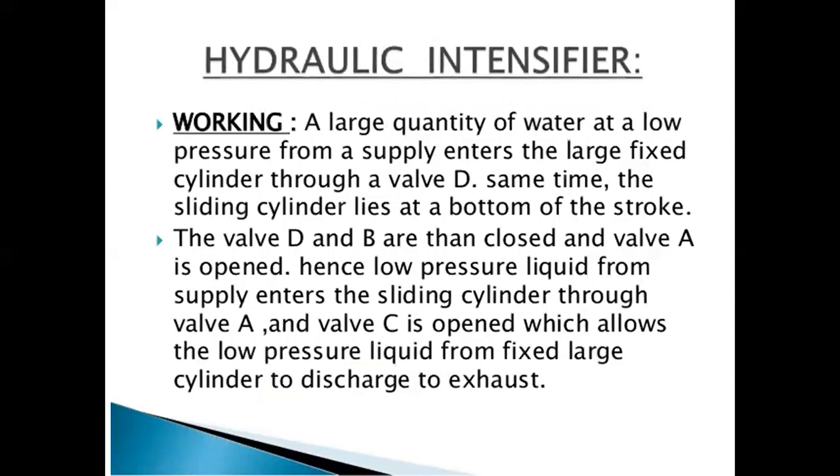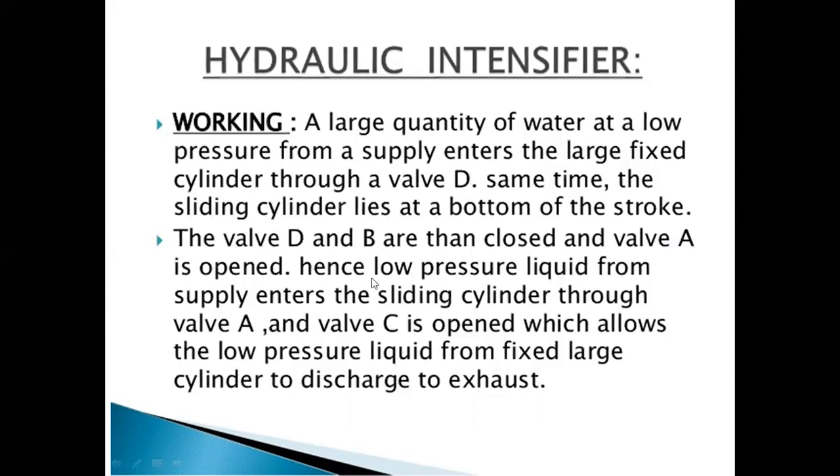You can see the working which is written here. I have already explained it, but we are going to read it out. A large quantity of water at low pressure from the supply enters the large fixed cylinder through valve D. At the same time, the sliding cylinder lies at the bottom of the stroke. Valves D and B are then closed and valve A is opened.